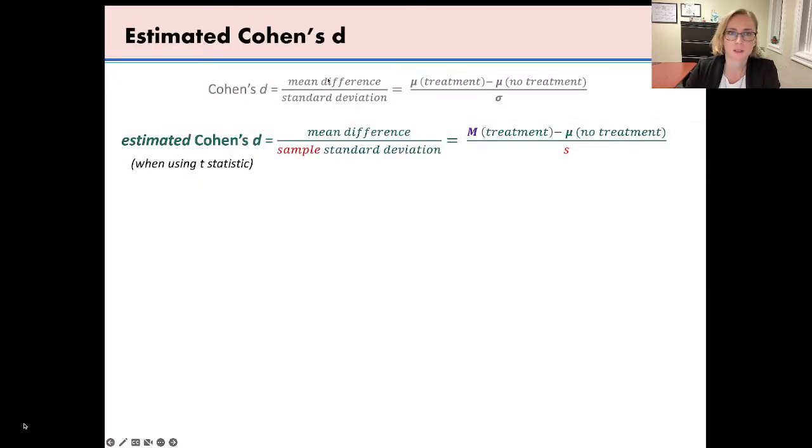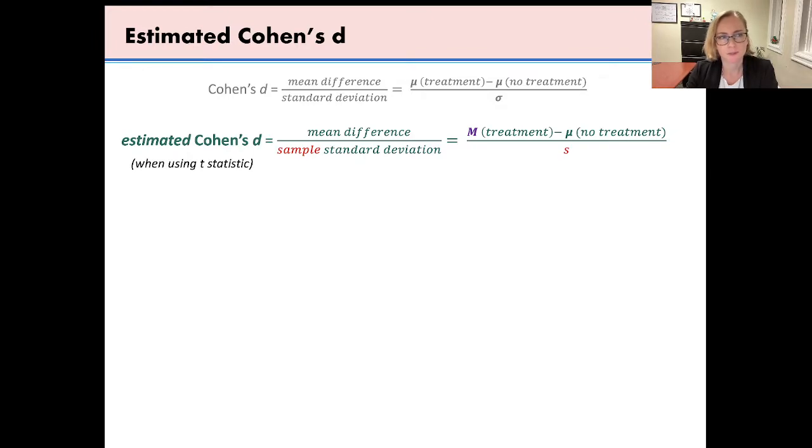So this up here is our general formula for Cohen's d, the mean difference over standard deviation, right? When we are using the T statistic and doing an estimated Cohen's d, we still have the mean difference. So we have our treatment subtracted from the population without a treatment. Or like I was telling you guys, if you do not have the population mean, this can be something, for example in your studies, that is logical, or that would be a good baseline to use instead.